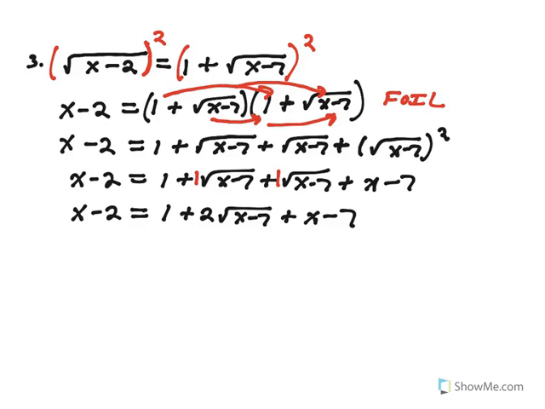Okay? All right. So now what we want to do is go ahead and simplify on the right side. We can go ahead and combine some terms over here, can't we?